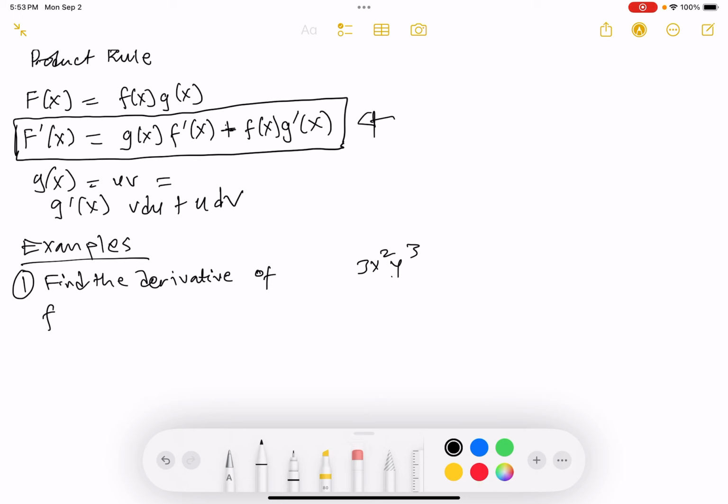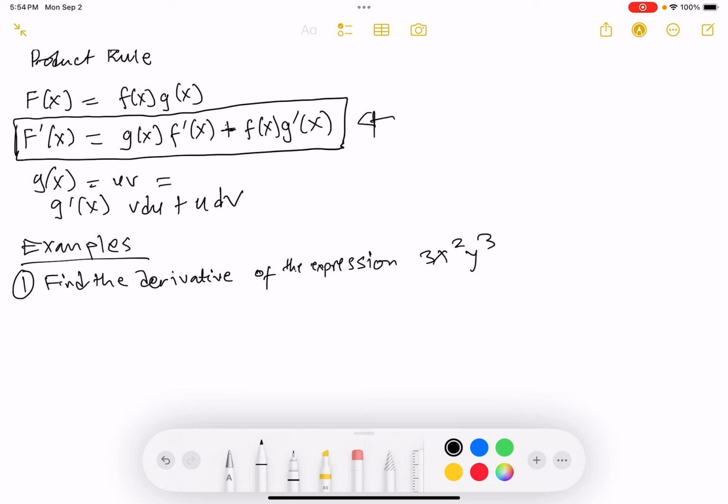I'll just say find the derivative of the expression, that way I don't confuse people when I say with respect to x. 3x squared y cubed. So how do we find the derivative of that expression?